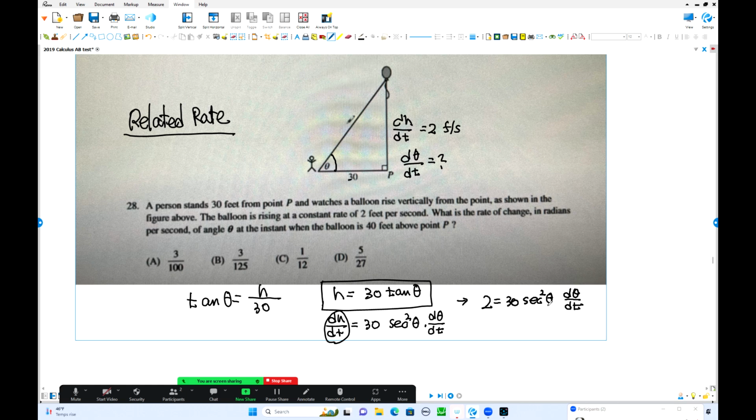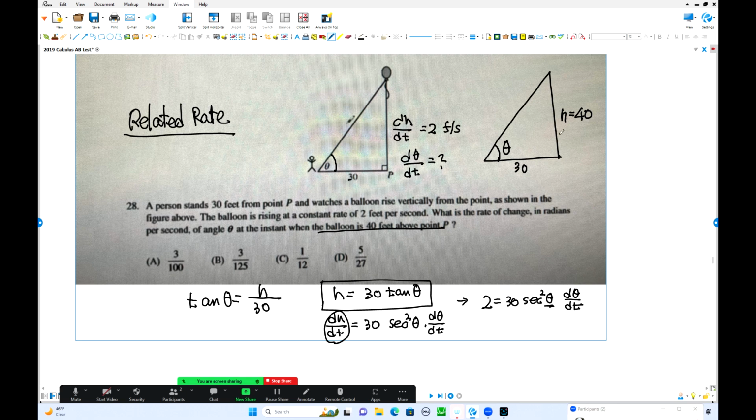But we need to find the instant in time here: when the balloon is 40 feet above, h equals 40, and this is 30.